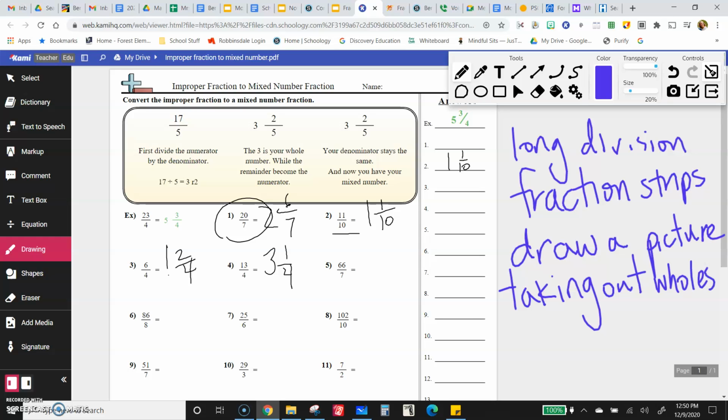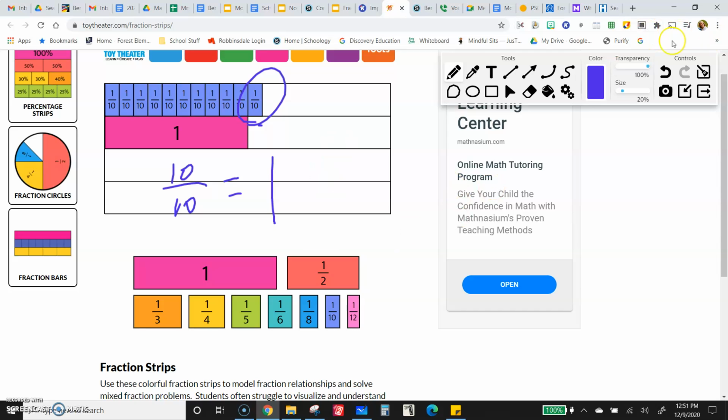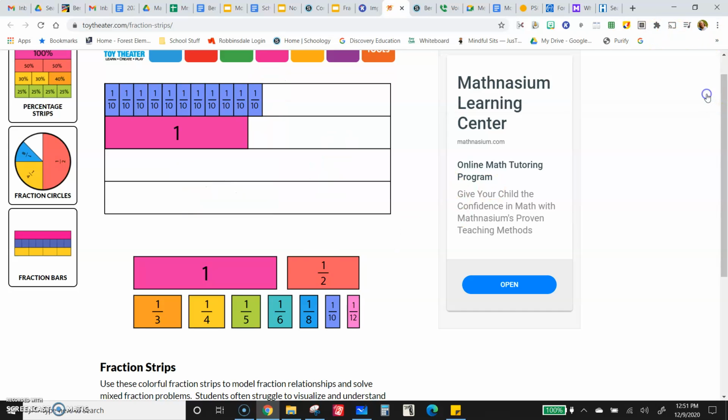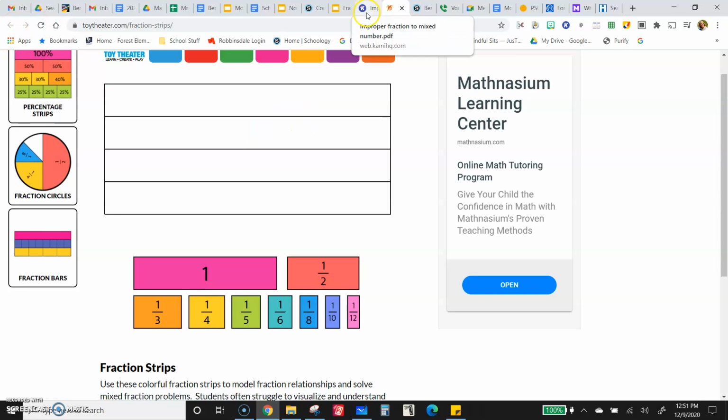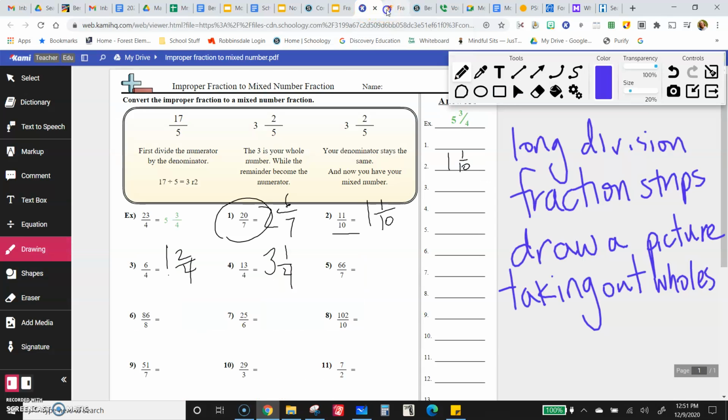Let's do another smaller example. So say I hadn't gotten the 6/4 yet, and I wanted to use my fraction strips. So let me erase that there. So we're talking about fourths. I figured out if you refresh it, it goes away if you don't want to drag them all off. So fourths, okay.